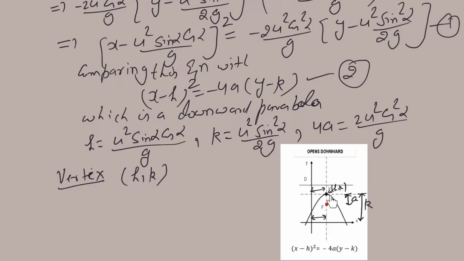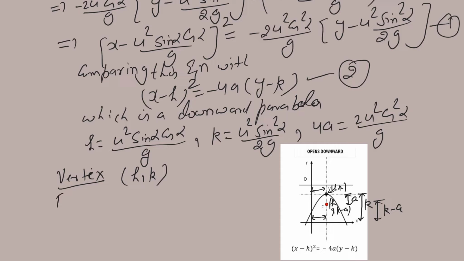This is k, this height total is k, and this much distance is a. So what will be the ordinate, the y-coordinate, of the focus? The height of the focus will be k minus a. So if I write its components, h comma k minus a.